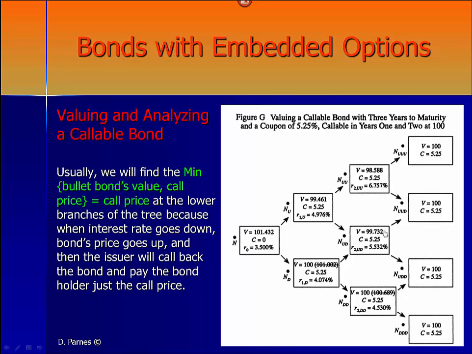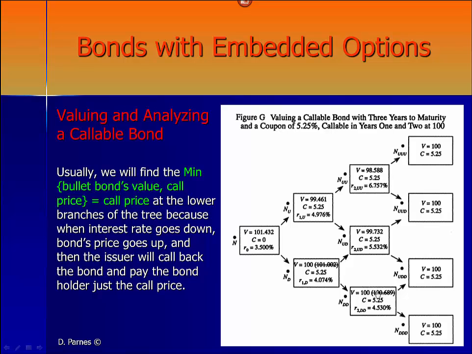It is below 100 and it will stay the same. But over here, the valuation actually exceeds $100. Purely based on discounting the cash flows from year number 3, we got 100.689. So the minimum between 100.689 and 100 will give you 100. So you cross it and you write 100 instead of that.